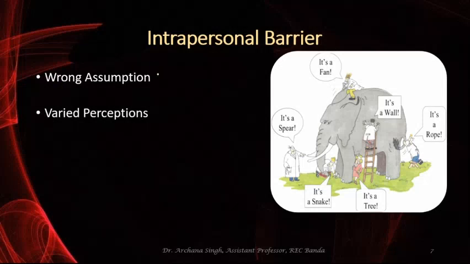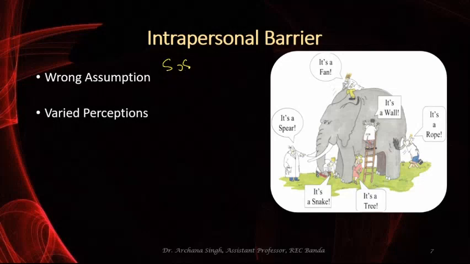Suppose there is a doctor and a patient, and the doctor, while writing a prescription, writes SOS without knowing whether the patient understands the term SOS. He is creating a barrier in their communication. So here the doctor has made a wrong assumption about his patient's level of knowledge.